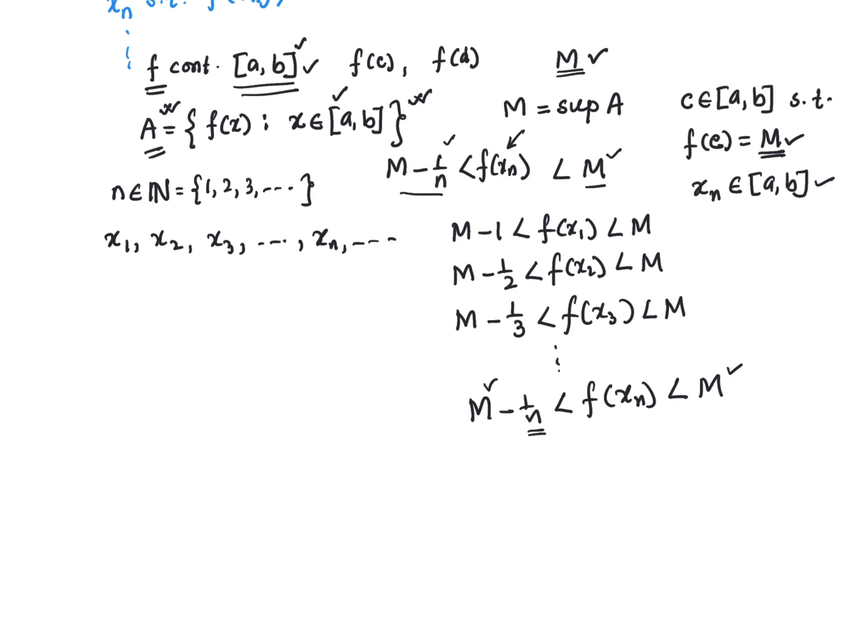So that means in the limiting case, this f of xn in between has no choice but to converge to M. Now, if this sequence x sub n converges to a value x in [a, b], then we are done.